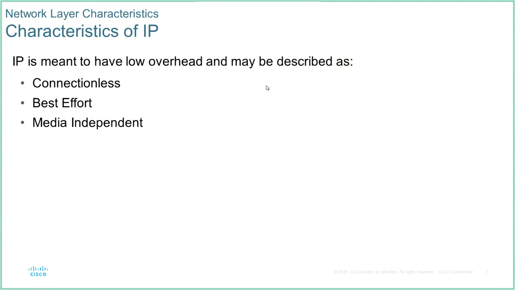So it's known as a best effort protocol, and it relies on upper layers to do that error detection and correction, such as TCP. It's media independent. In other words, it doesn't care whether it travels across copper, fiber, wireless. It really makes no difference to the IP packet.